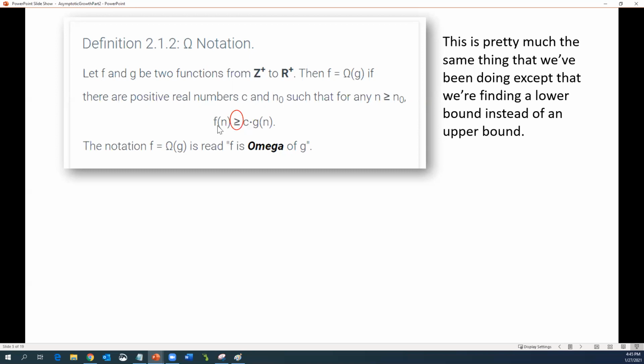So f of n is greater than it, so this would be less than, and then or equal to, right? So anyway, this is going to be lower or equal to f of n. So it's the same thing, but before we had a less than or equal to sign here, and now we're having this. And so if we can say that, then we would say f is omega of g. And this is the omega symbol here.